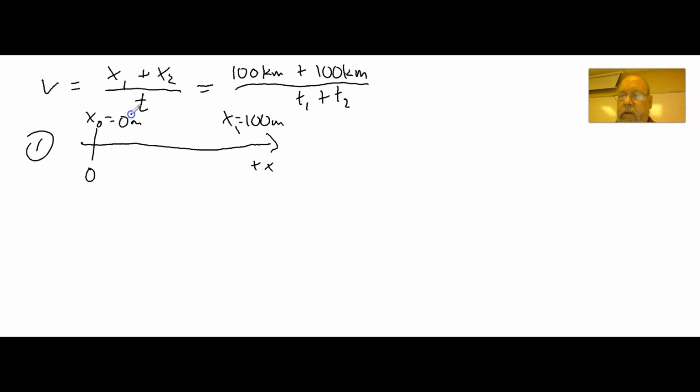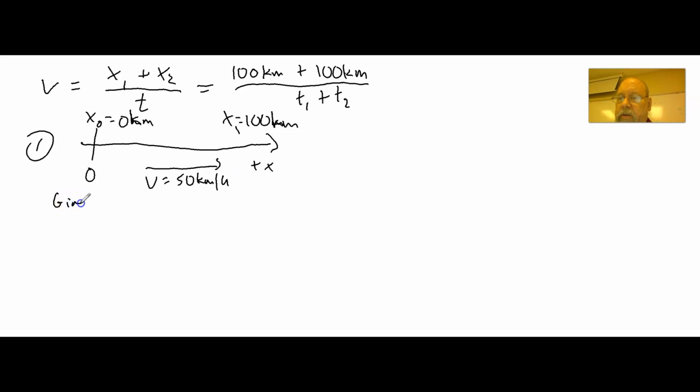It should be kilometers, not meters here. Then I know that my velocity for this part of the trip is 50 kilometers per hour. Already you can see that you could divide 100 by 50 and get 2 hours, but we need to show that. We need to prove this.